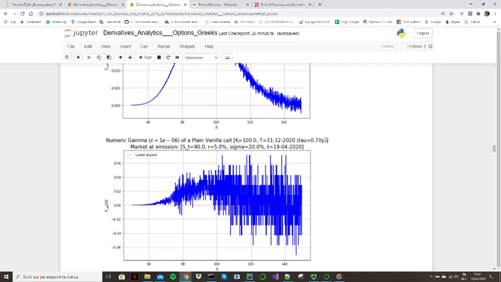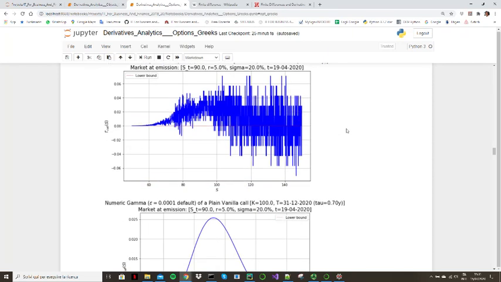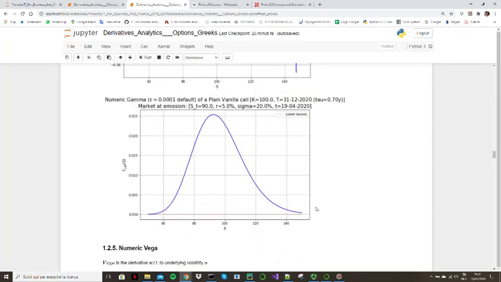Even if analytically it's true that in the limit where epsilon tends to 0 you get an exact result, of course this is not applicable in a computer. So a good compromise between having a stable result and a meaningful result is, in this case, 1 over 10,000, epsilon equal to 1 over 10,000.